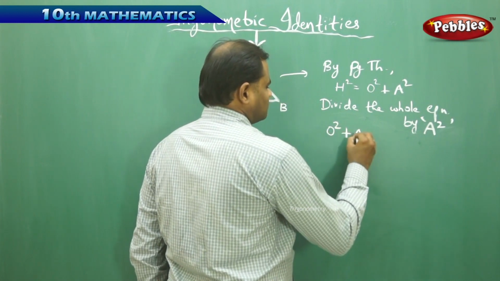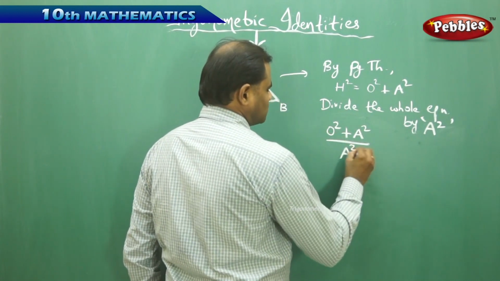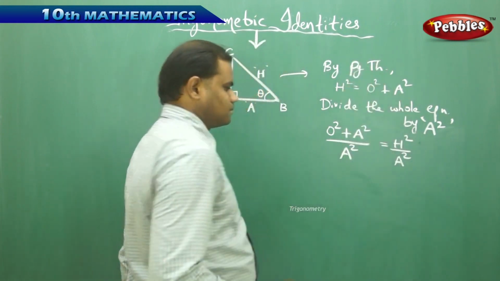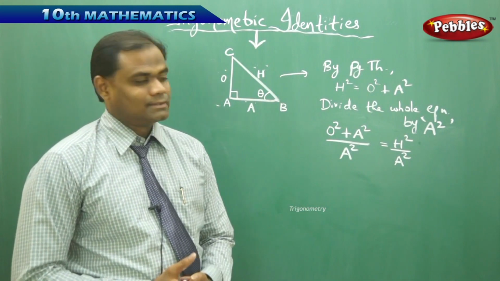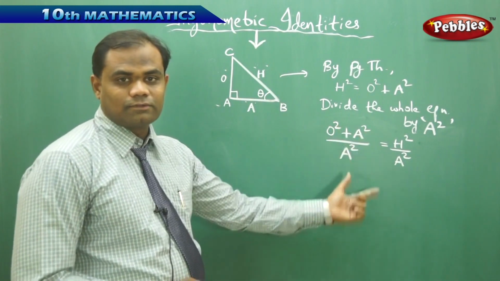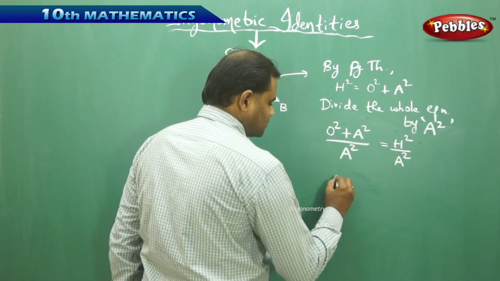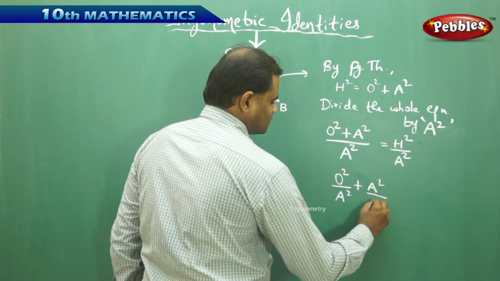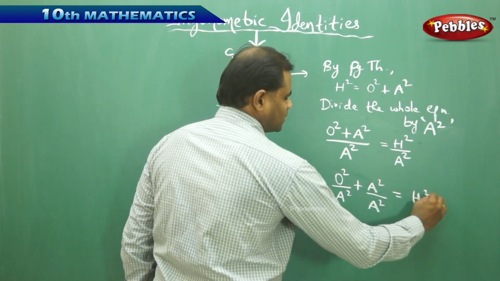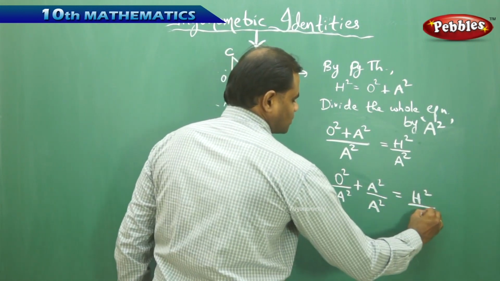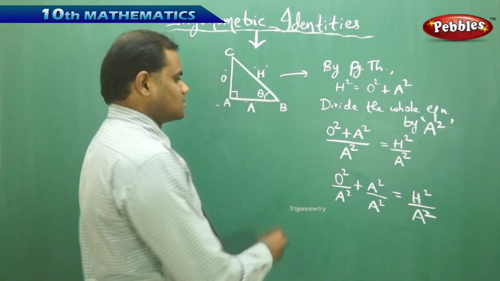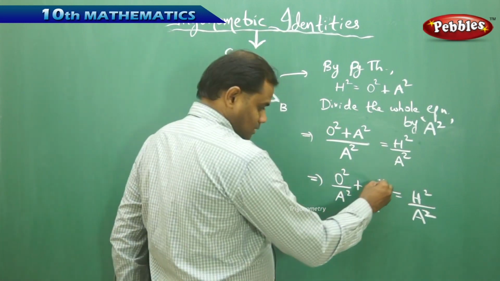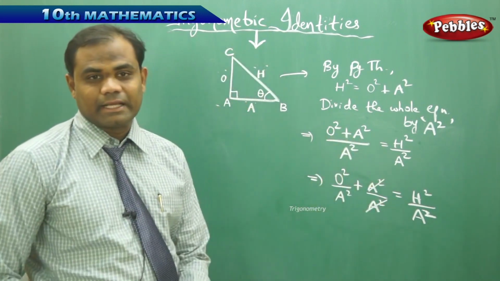rho square plus a square by a square equals h square by a square is what I get. When I split the term, each of the terms through the denominator, this reduces to rho square by a square plus a square by a square is h square by a square. When this is further simplified, this and this being same get cancelled and I get 1.